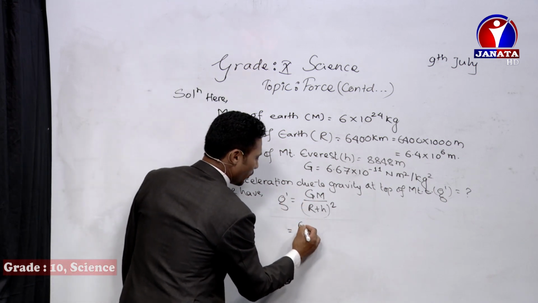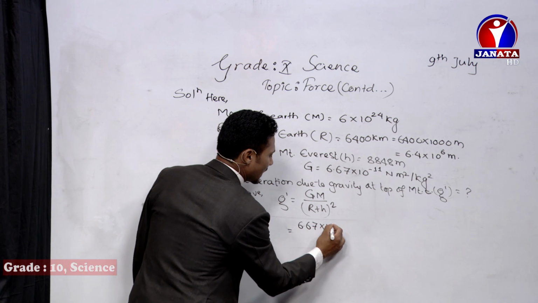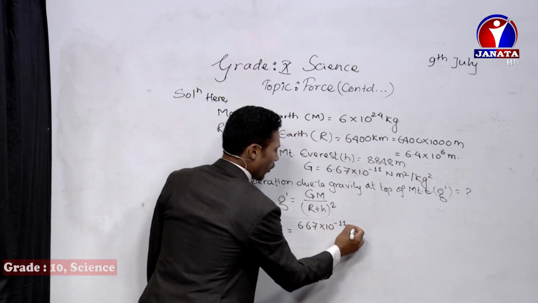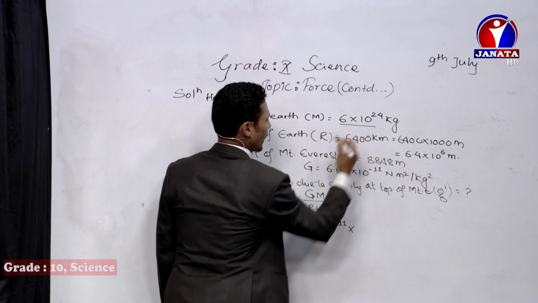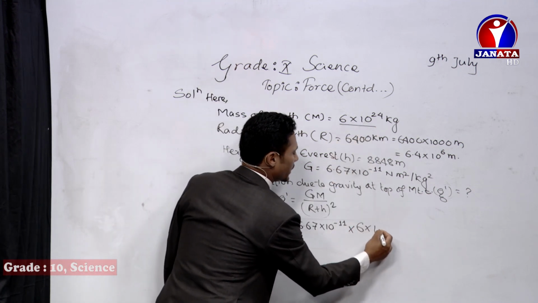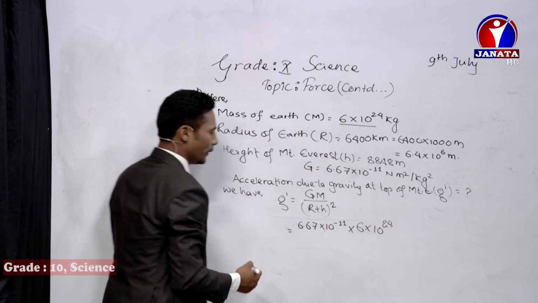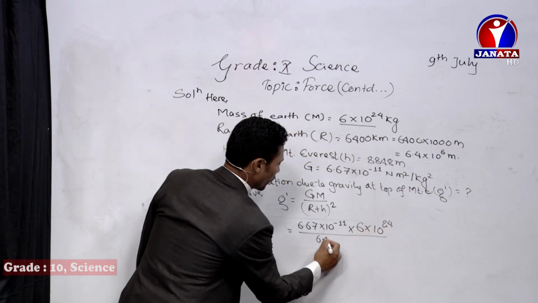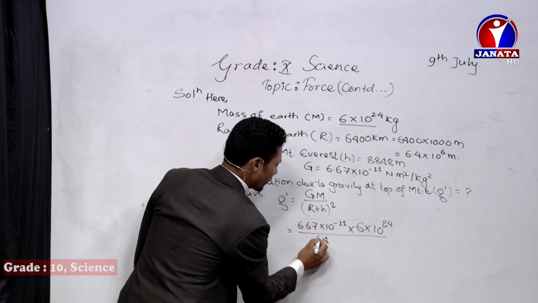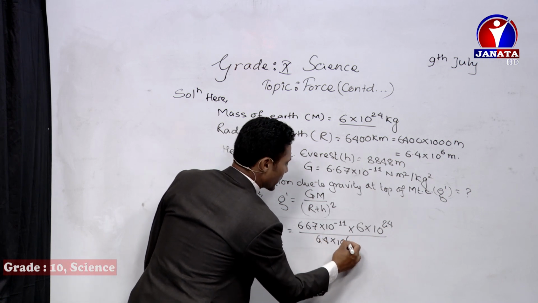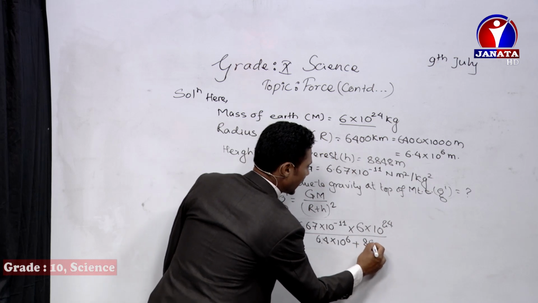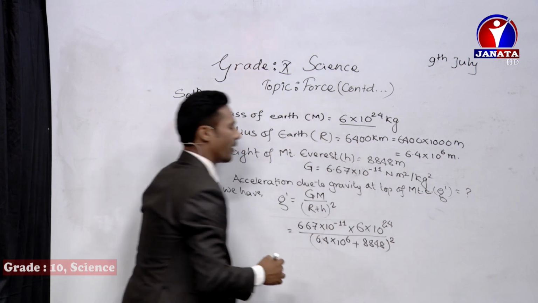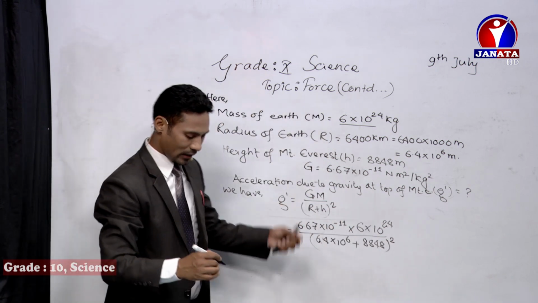G is 6.67 into 10 to the power minus 11, and the mass of Earth is 6 into 10 to the power 24 kg, divided by R, which is 6.4 into 10 to the power 6 plus 8848 meter, to the square. Let's calculate.